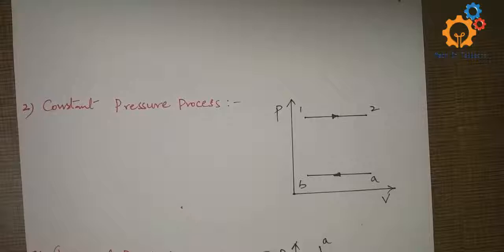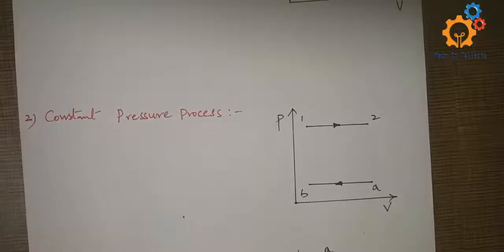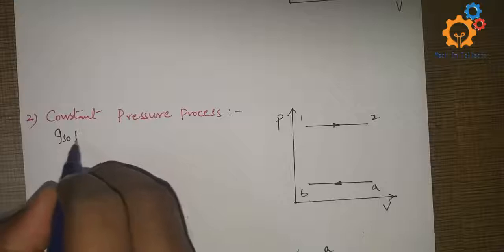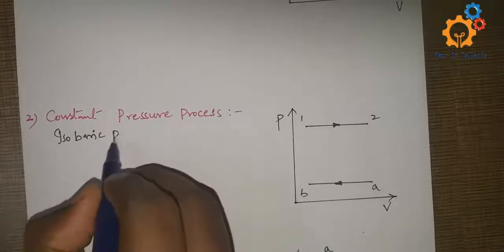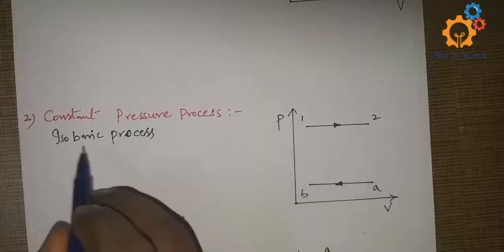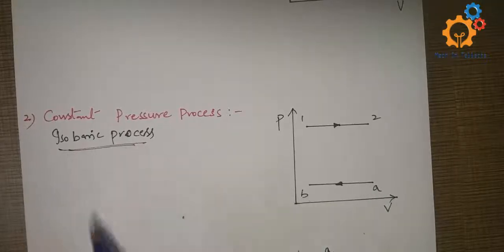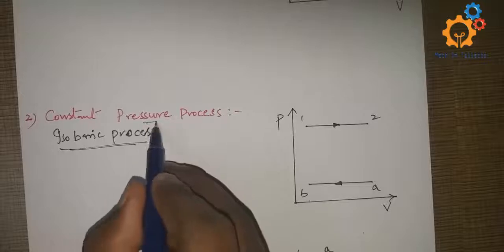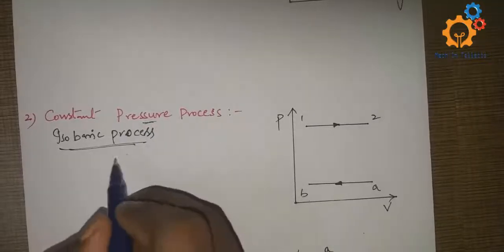Next, the constant pressure process. This is also known as isobaric process, and here pressure is constant.